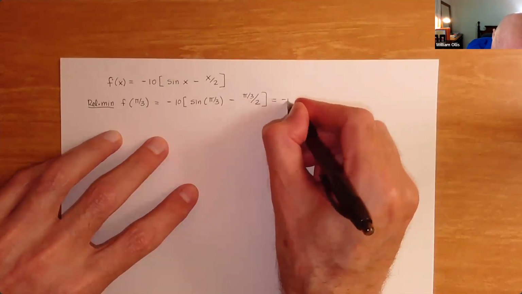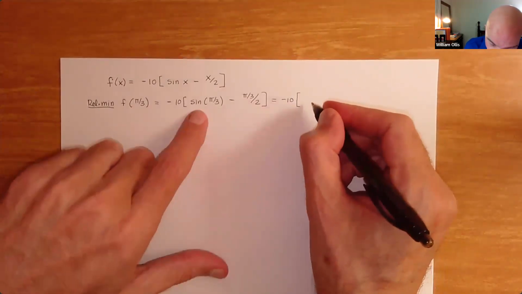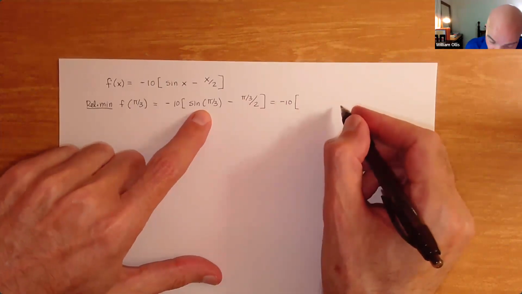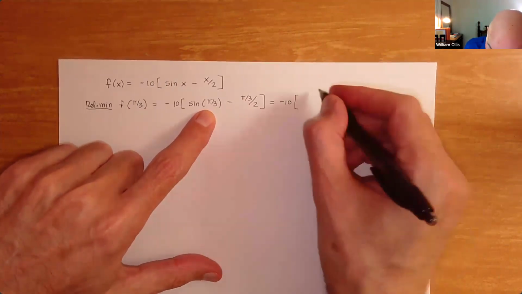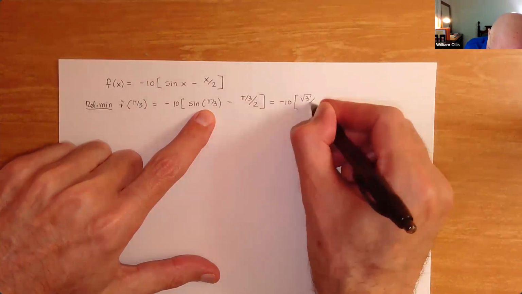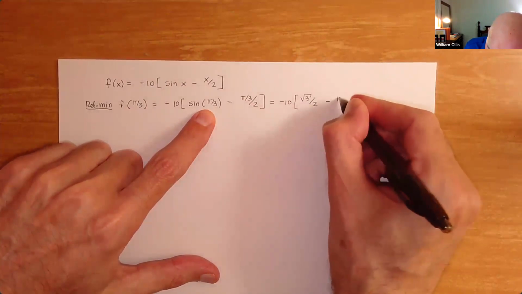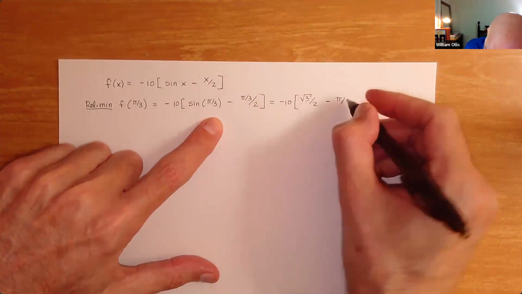So we have -10 and sine of pi over 3, that is what, √3 over 2 from the unit circle, minus pi over 6.